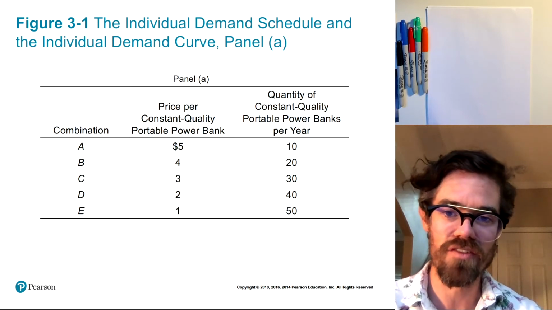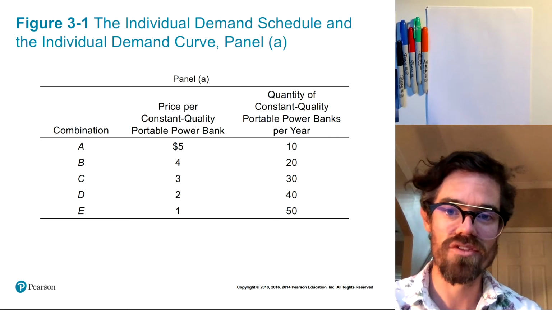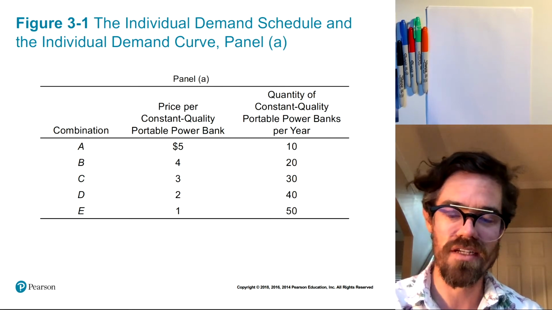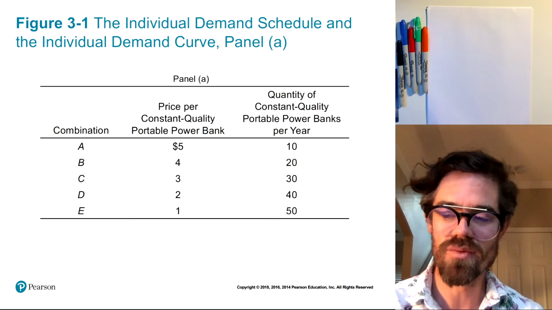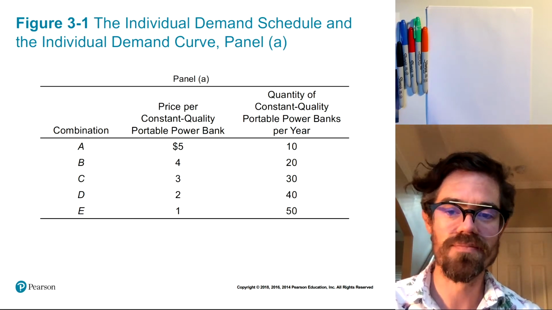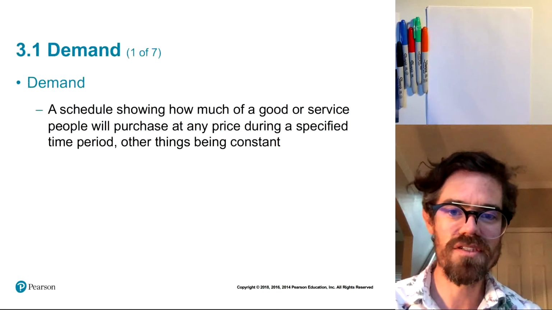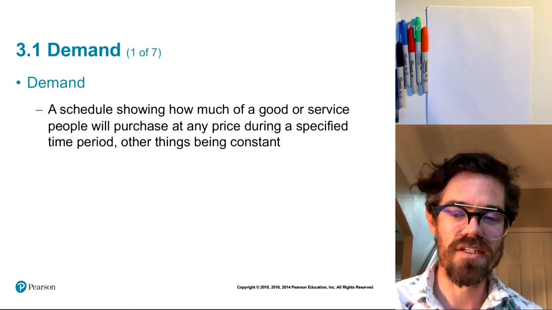So 10 in the first row is the quantity demanded when the price is 5. In the second row, 20 is the quantity demanded when the price is 4, and so on. Okay, so we'll touch back on that in the next section, though. All right, let me get back to where I was. Okay, so that's a demand schedule, and that's demand.